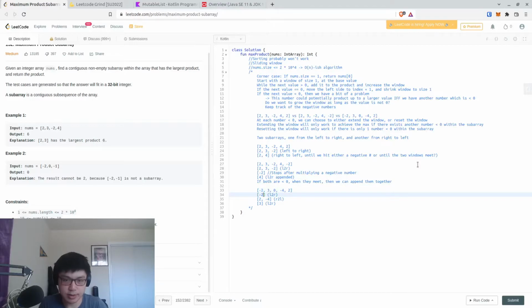So max here is still, max is negative 2, then max is 2, then max is still 2. How do we get this 3 as the maximum, though?